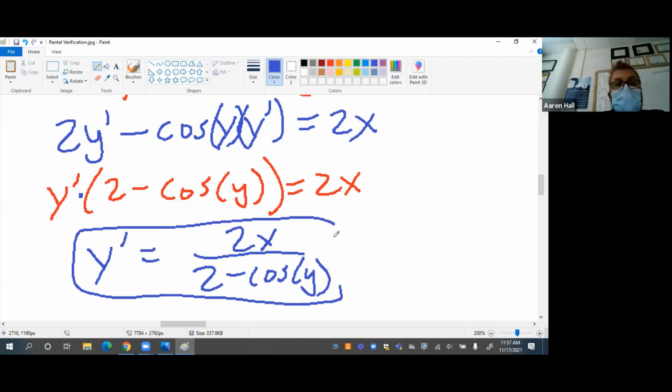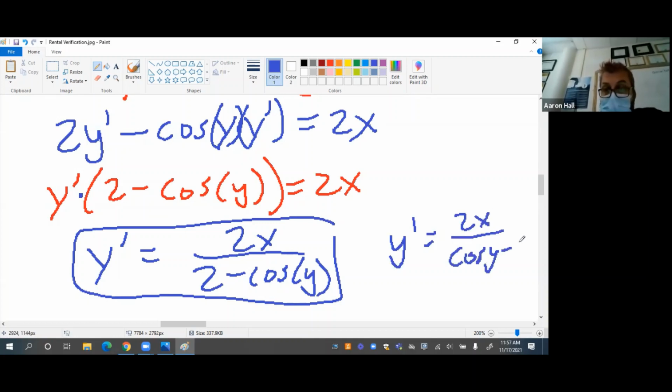There you go. Now I'm guessing, Jillian, that your answer was something like this: y prime equals 2x over cosine y minus 2. Yeah. Oh, negative 2x on top. Isn't it? If I multiply by a negative here, couldn't I just reverse those?